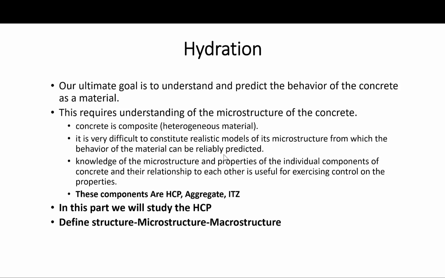We will, of course, study the three components of the concrete microstructure, namely, the hydrated cement paste, the aggregate, which will be covered in a different module, and we will take a look at the interfacial transition zone between the cement paste and the aggregate. This is really what constitutes the concrete matrix overall. Finally, microstructure property relationships are also discussed with respect to their influence on strength, dimensional stability, and durability of the concrete.